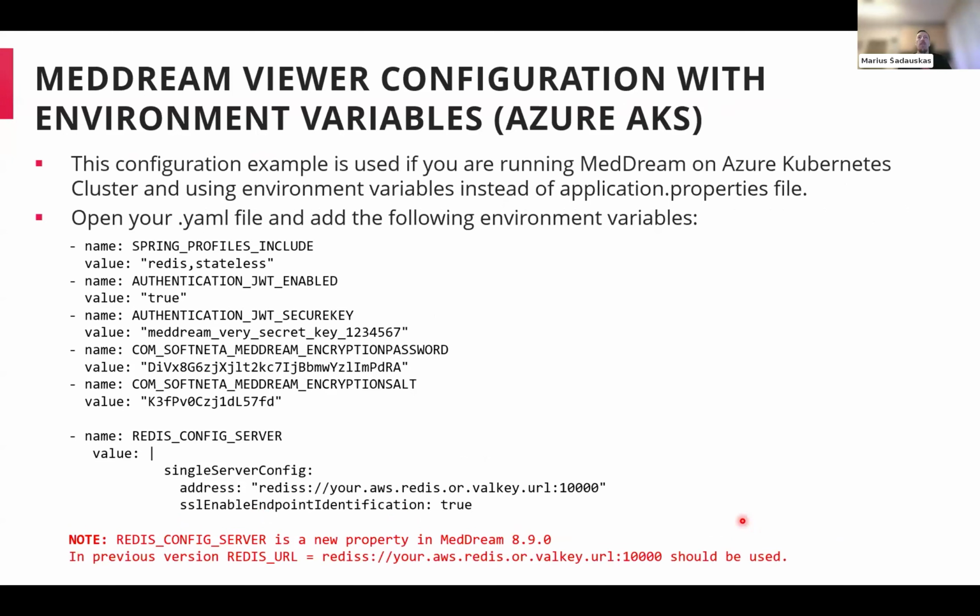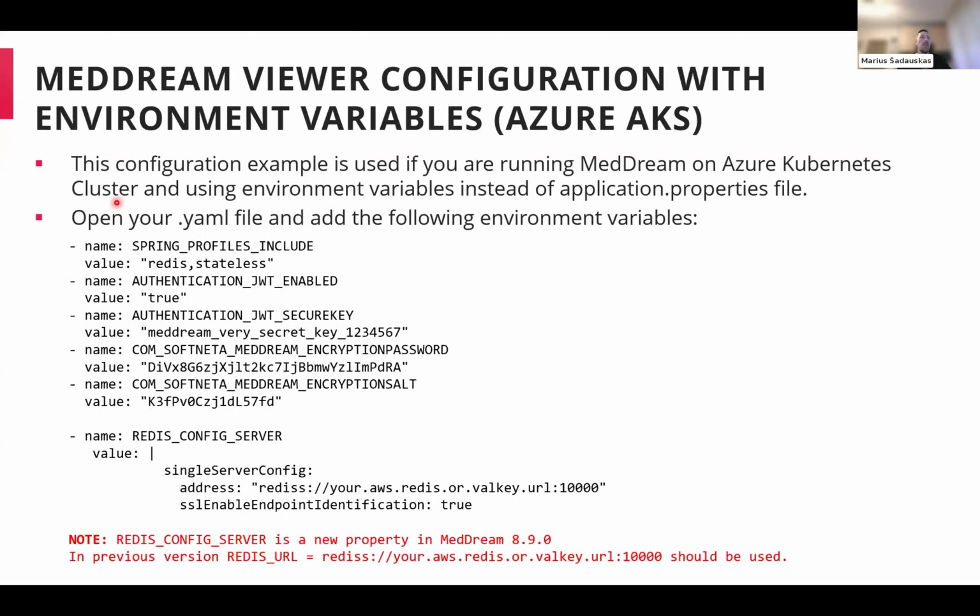example of the configuration, if you are running on Azure Kubernetes Service, AKS, you are also not using application properties. You have the YAML files which you apply to the Kubernetes cluster, and MedDream is deployed.